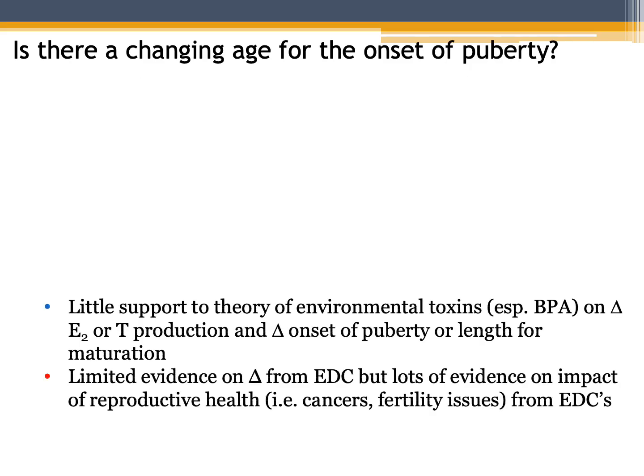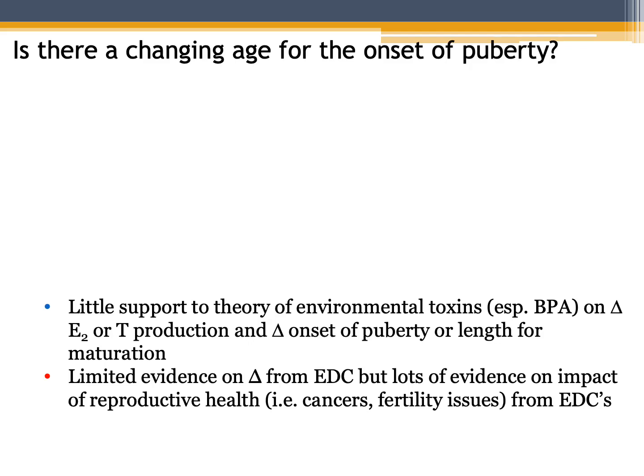Now, regardless of what has been talked about within the puberty, there's little evidence to support that environmental toxins have a change in estradiol or in testosterone production to change the onset of puberty or the length of maturation. This goes to a lot of the BPA discussions that go on in the mass media.